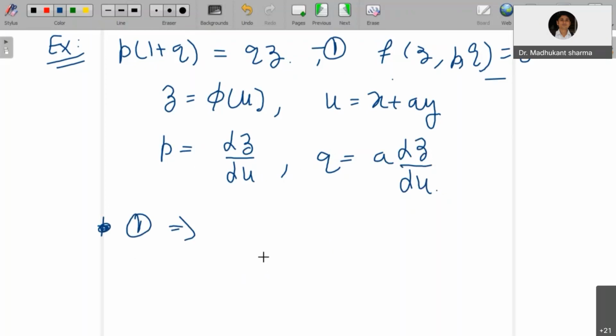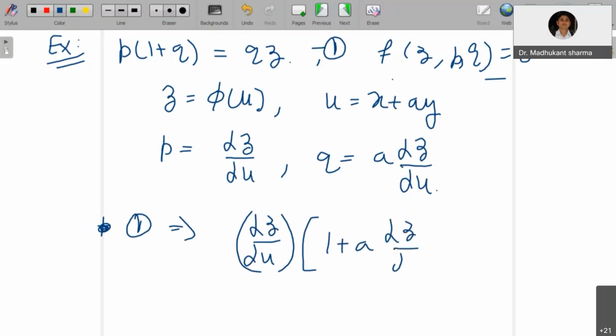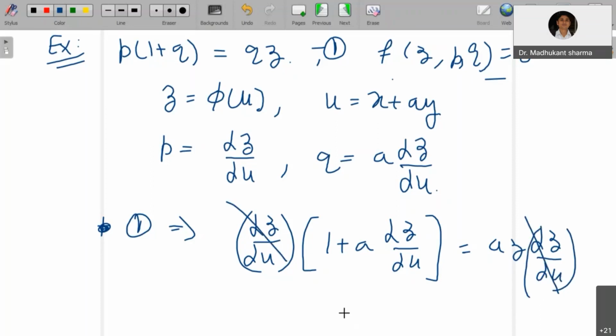This implies dz by du into 1 plus a times dz by du is equal to a times z dz by du. So this dz by du gets cancelled.